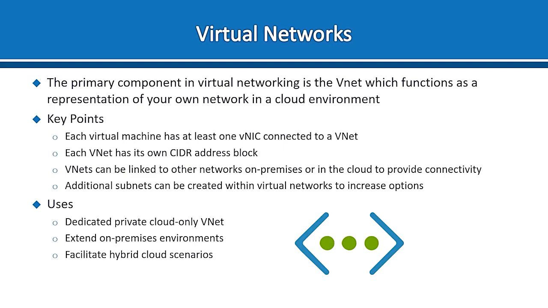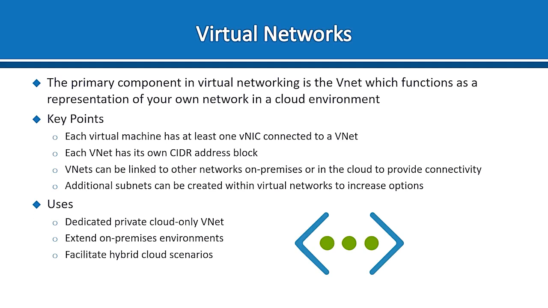Then each individual virtual machine is going to have at least one virtual NIC, network interface card, connected to the VNet. That NIC would then get a private IP address, and then potentially those virtual NICs can get public IP addresses assigned to them as well. VNets can be linked to other networks on premise or in the cloud to provide connectivity, and then we can also create additional subnets.